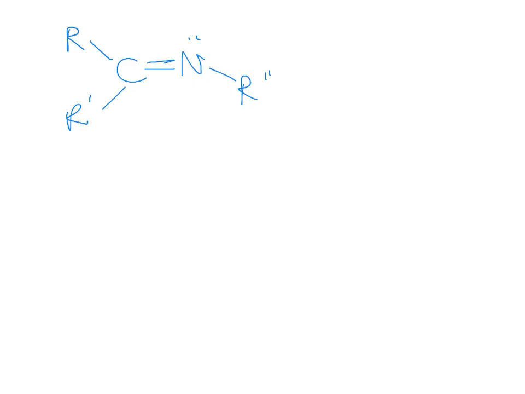So you have your carbonyl, and as you can imagine, your nitrogen group is going to attack the carbonyl. Electrons go up on the oxygen. This makes sense, right? We've got a nucleophile attacking.